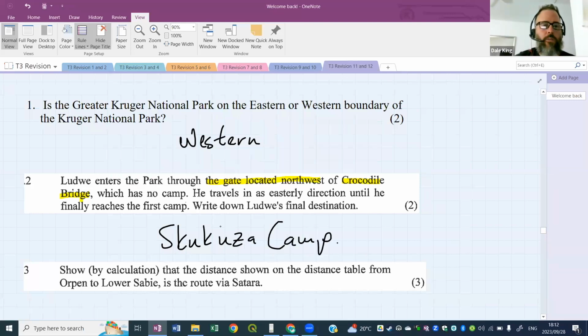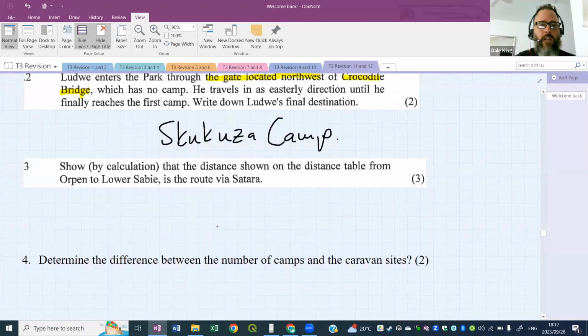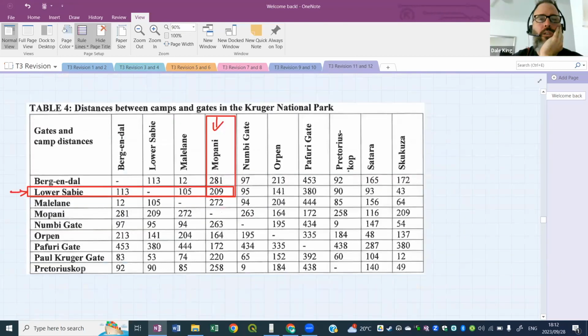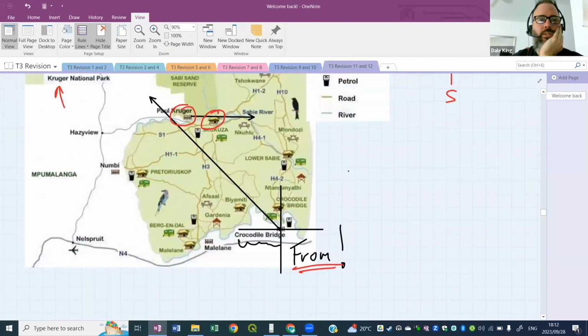Question number 3. Show by calculation that the distance shown on the distance table from Alpen to Lower Sabi is the route via Satara. I don't think we can do this one because we don't have a scale.